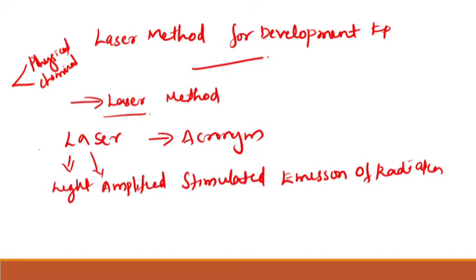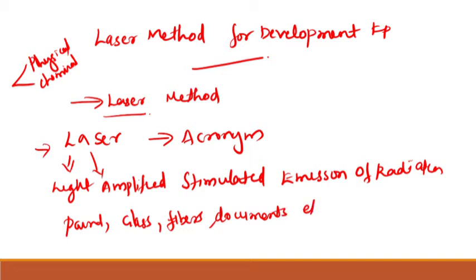Now this laser has become an invaluable tool in the hands of forensic scientists, in the examination of paint, glass, fibers, documents, etc. Lasers are also used in the development of latent fingerprints.